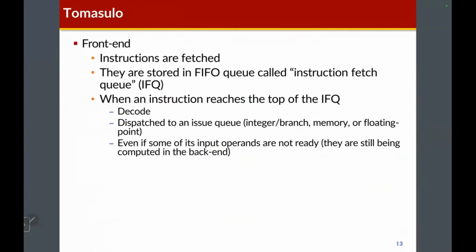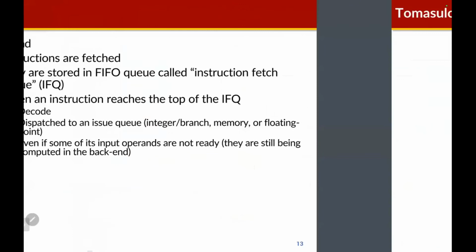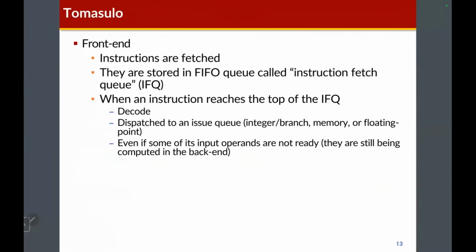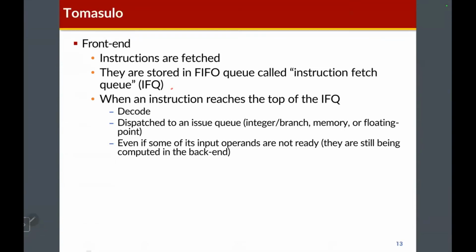Let's see the detailed operation of the Tomasulo algorithm for each stage. First, let's see the front end part here. I already explained the front end, instruction fetch and instruction decoding, of the Tomasulo algorithm. The front end is composed of instruction fetch, instruction decoding plus dispatch.